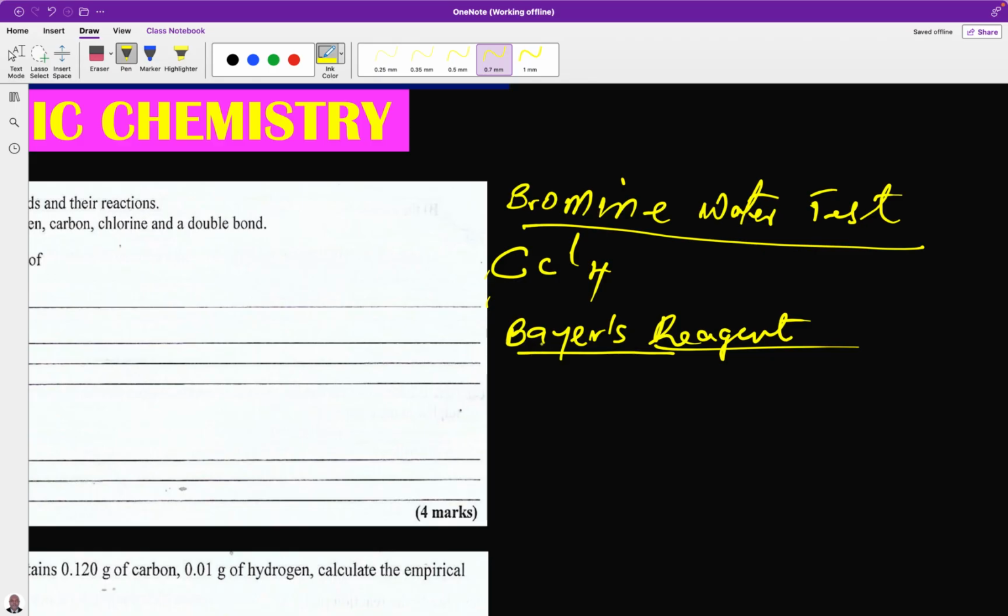With Bayer's reagent, if there is a double bond, the color of the solution will change to brown. Write Bayer's reagent. Then you can state there, on addition of Bayer's reagent to an organic compound containing a double bond, the color will change to brown. Finish.